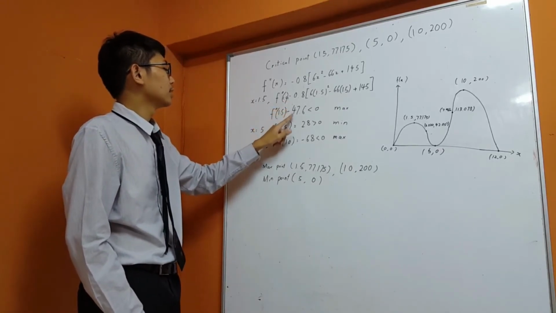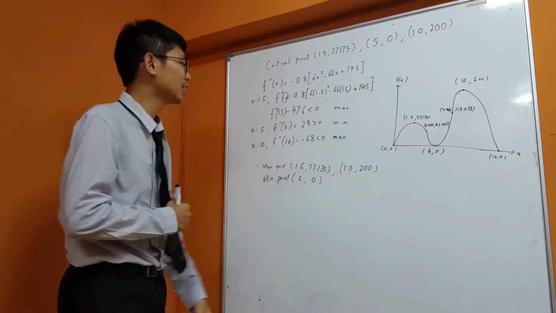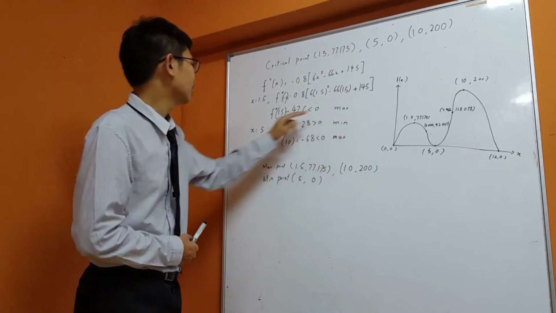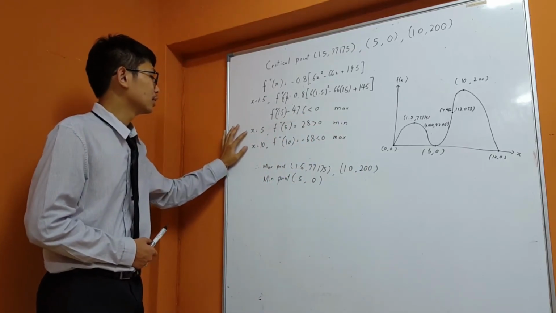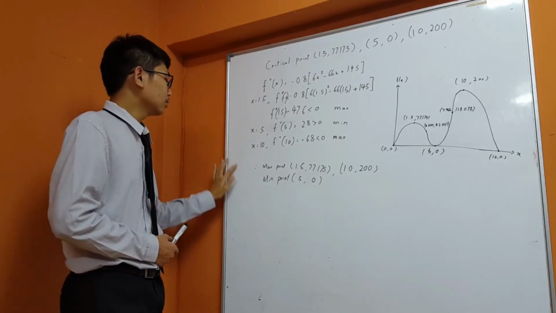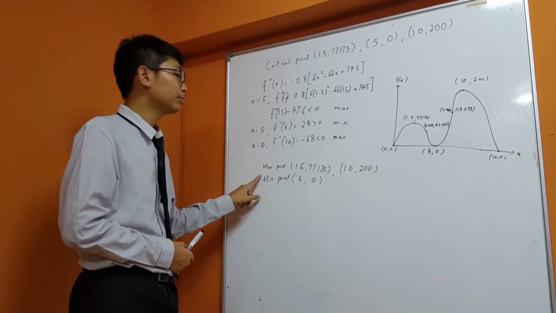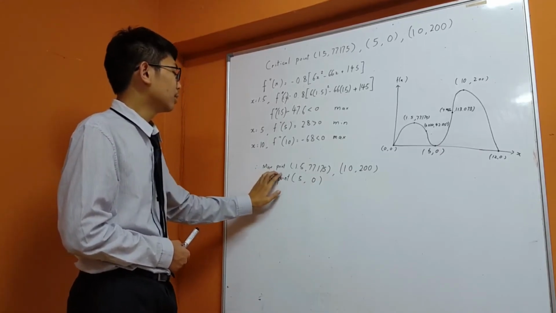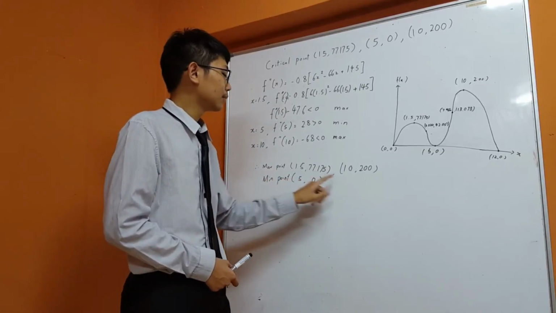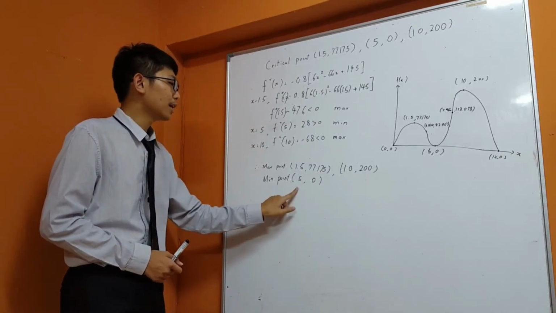Then we got the final answer as negative 47.6, which is smaller than 0, so it means that it's a maximum point. Then we do the same thing for x equals 5 and x equals 10. So we get the conclusion for the maximum and minimum points: the maximum points are (1.5, 77.175) and (10, 200), and the minimum point is at x equals 5.